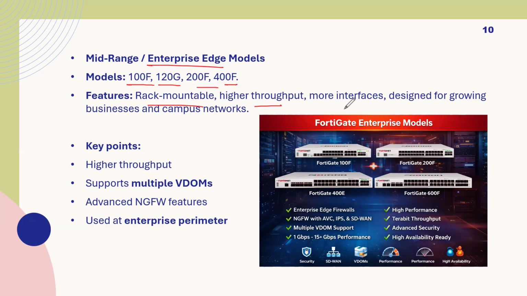Then high throughput, more interfaces, designed for growing businesses and campus networks. They support multiple VDOMs. As I told, it also depends upon the different versions and different hardware. Advanced next-generation firewall features, used at the enterprise perimeter. So large enterprise, you can say. Fine.